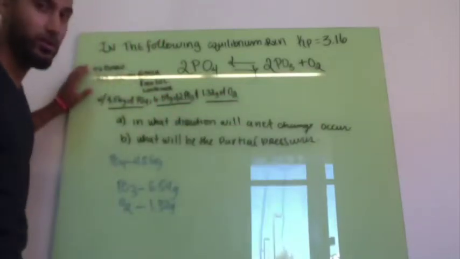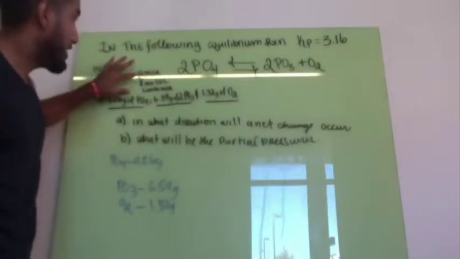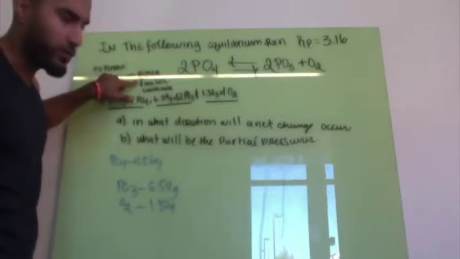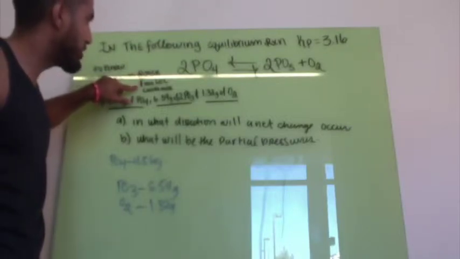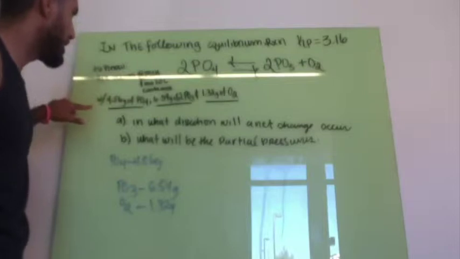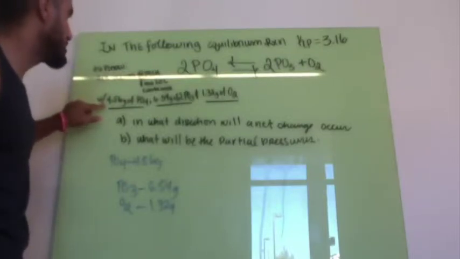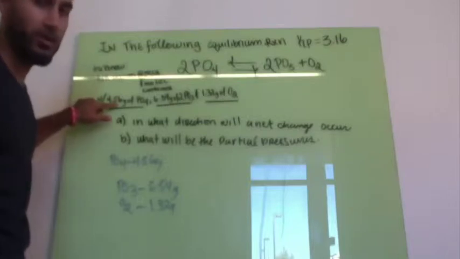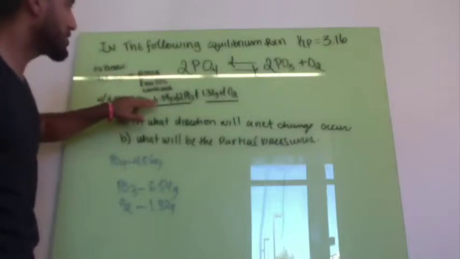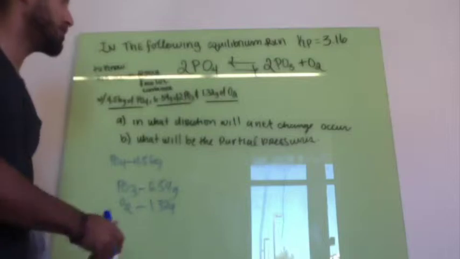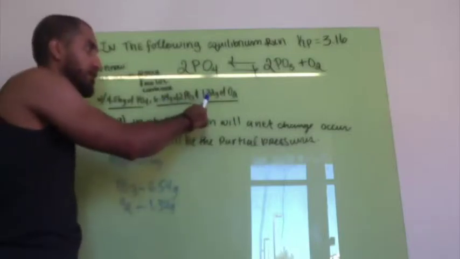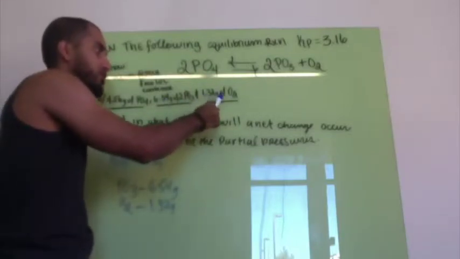Things to know here: it's at 273 Kelvin in a 1.0 liter container, and the masses of the substances are 4.56 grams of PO4, 6.54 grams of PO3, and 1.32 grams of O2.